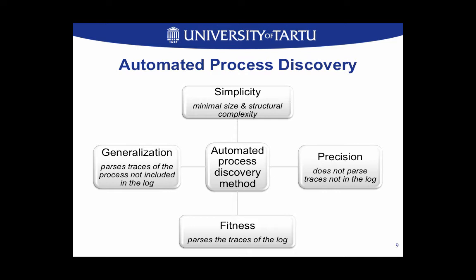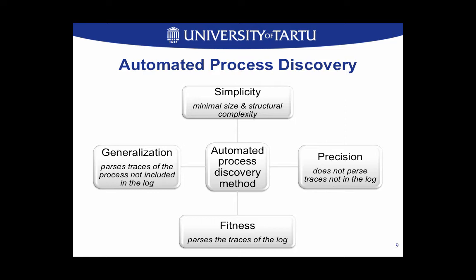And to define generalization, you can use a very typical trick in data mining, which is that you take your data set, in this case the log, and you split it into, let's say, 80% and 20%. You apply your algorithm, in this case the automated process discovery algorithm, on the 80%, and then you see if it parses the remaining 20%. If it does, ideally, then you are happy.